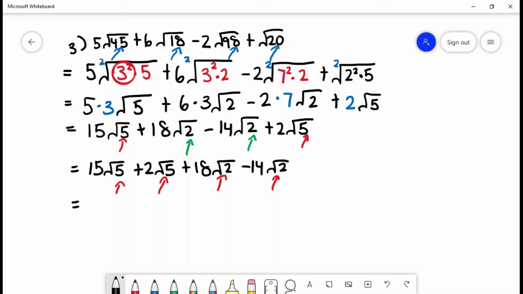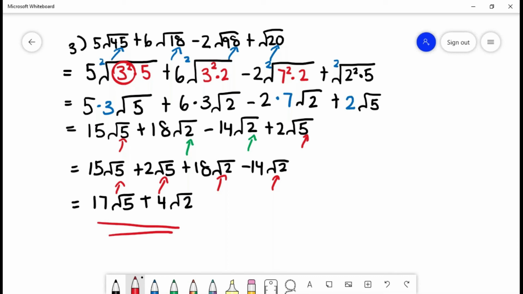So now, looking at this, we have 15 root 5 plus 2 root 5, that is 17 root 5. And that is added with 18 root 2 minus 14 root 2, so that is positive 4 root 2. And therefore, this is our final answer.